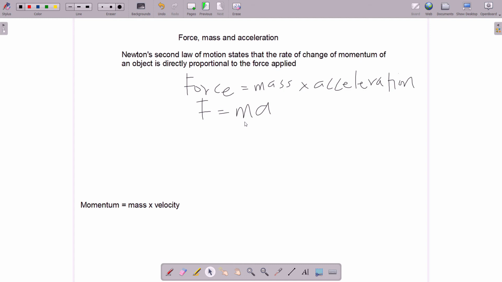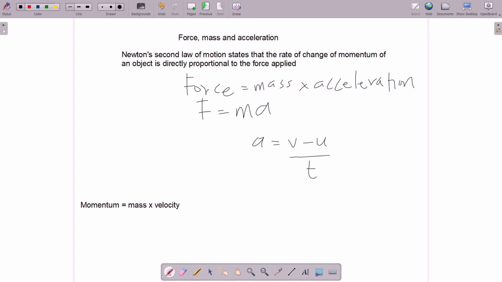The link to that particular video is shown up here. You can check it to get a better understanding of what acceleration is. But from that, we saw that acceleration is change in velocity, that is final velocity minus initial velocity over time.